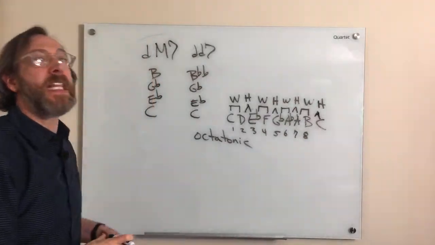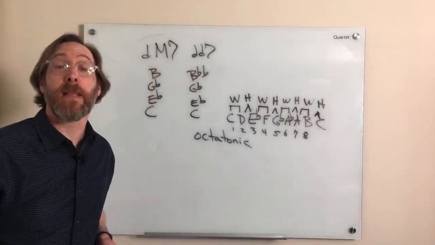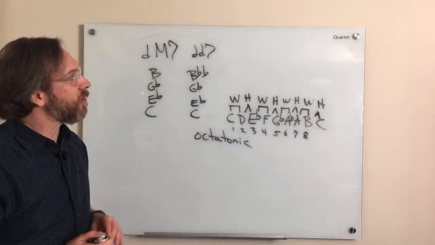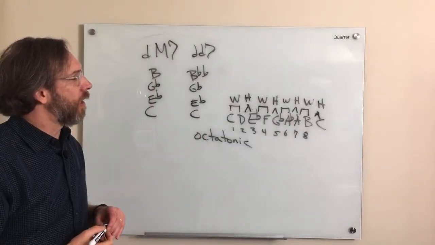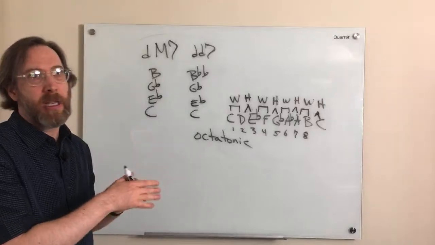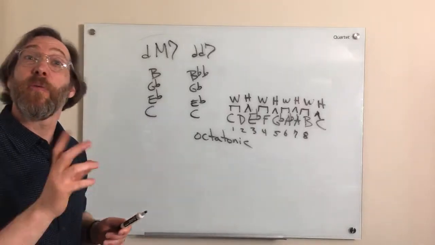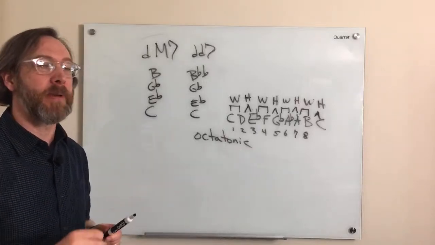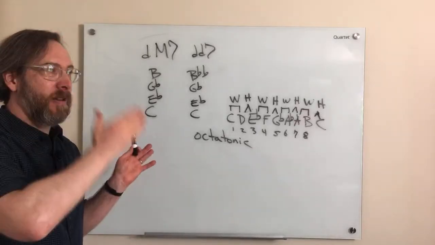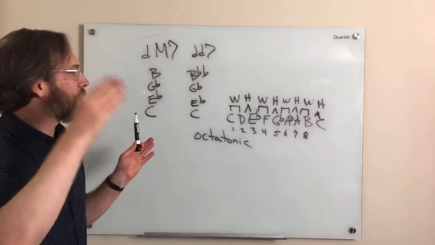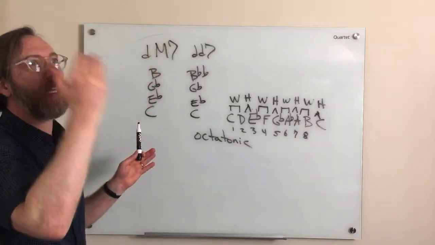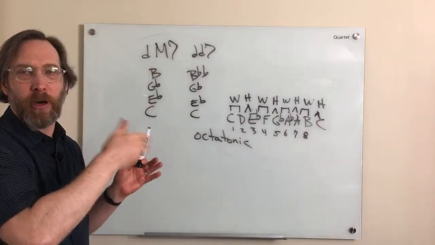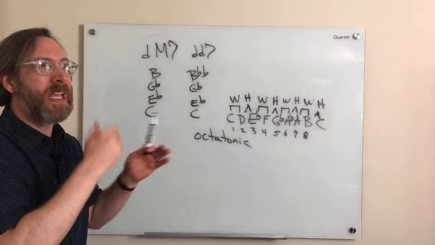So it is a completely symmetrical scale, unlike the major scale, which is not a repeating pattern. It just has that pattern, like what we were just talking about with the augmented triad, where there's really no ending to the scale because it doesn't have a closed spot where you could say it could stop here, because it has a certain number of whole steps and half steps before it repeats itself.